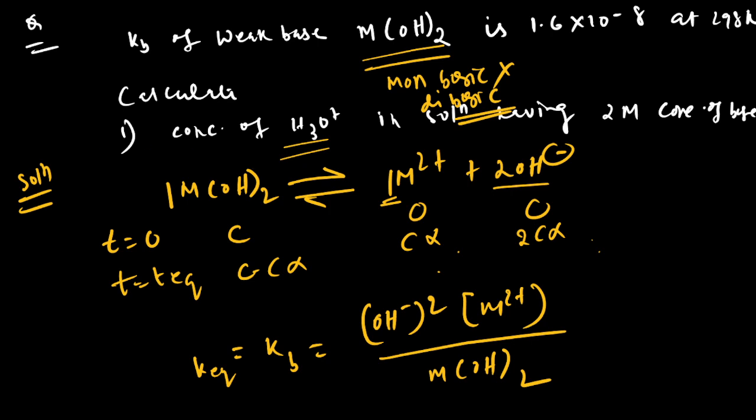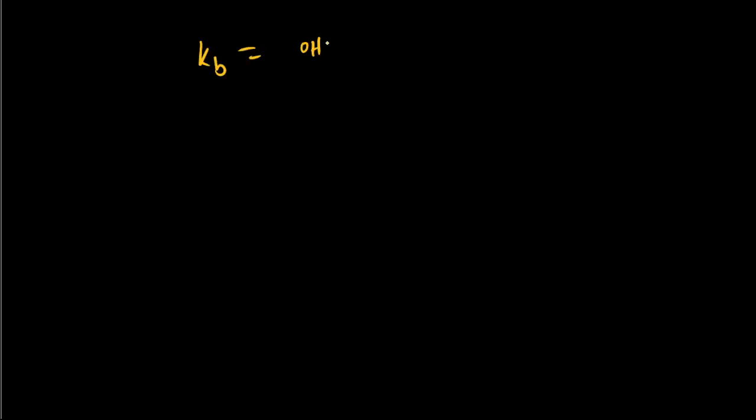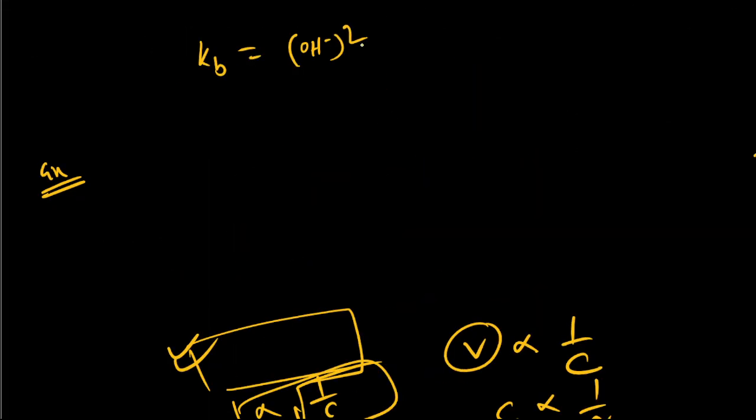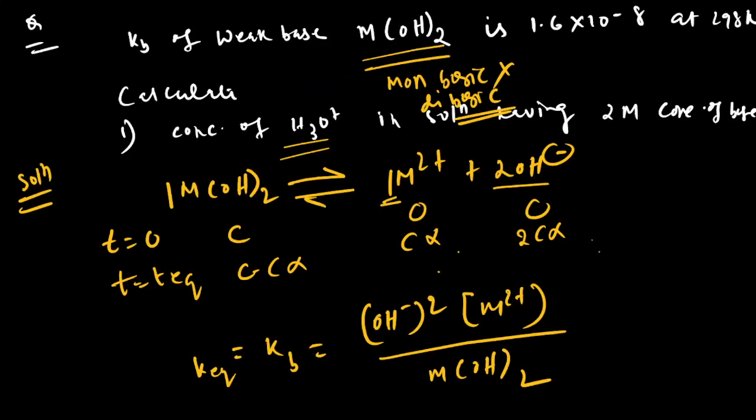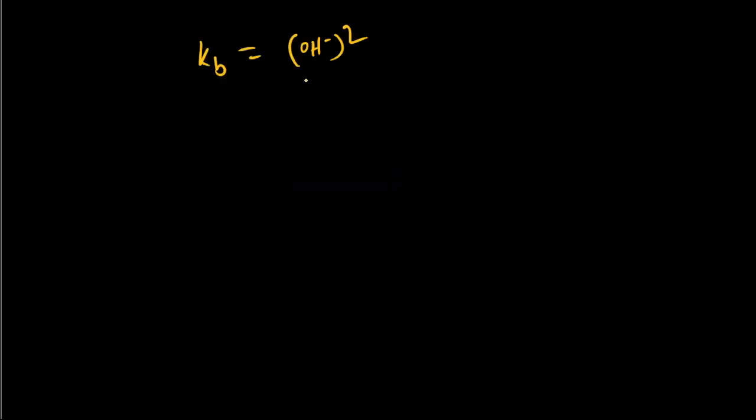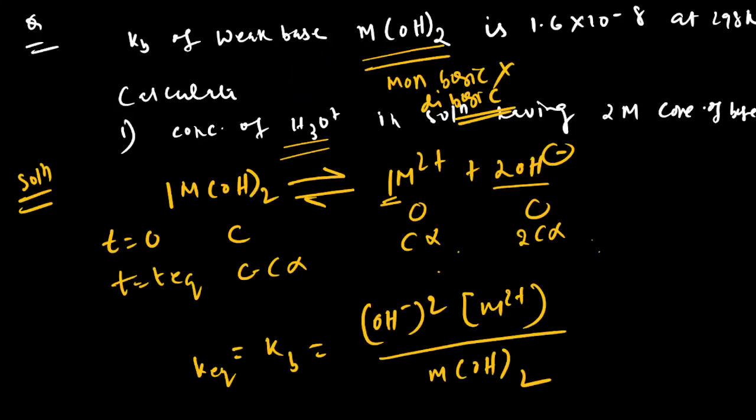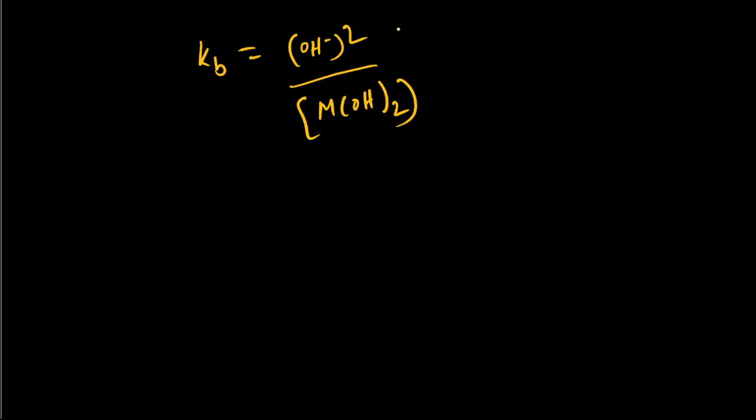We know that Kb is equal to the OH minus concentration squared, and the M2 plus concentration, divided by MOH2.